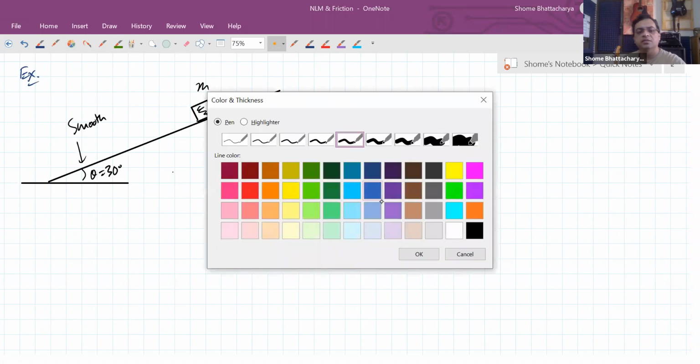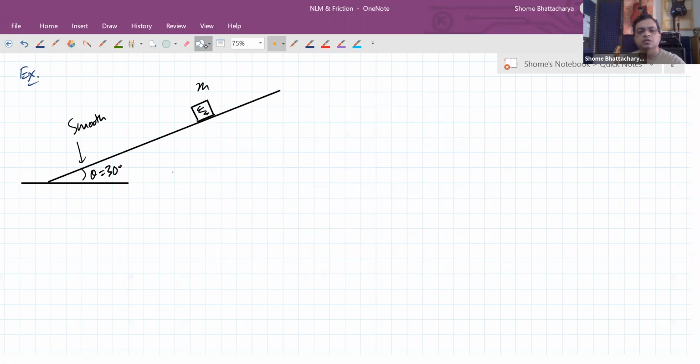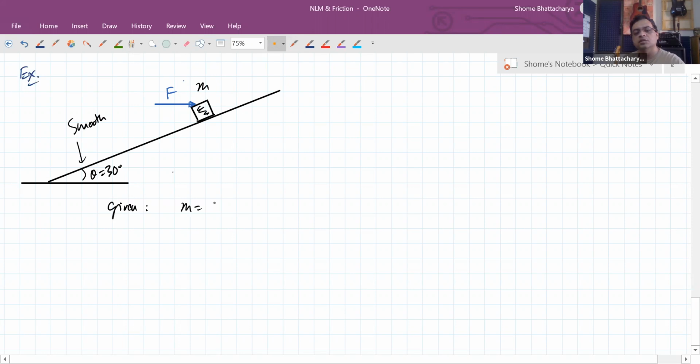And on this, we are applying some external force, but we are applying the external force horizontally. So the mass of the block is, let us say, 20 kilograms. Acceleration due to gravity we will take as 10 meters per second square.